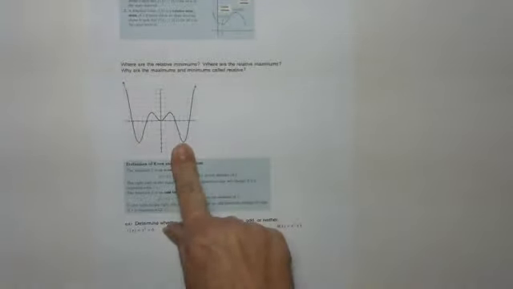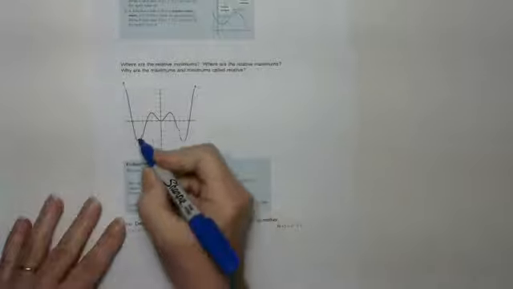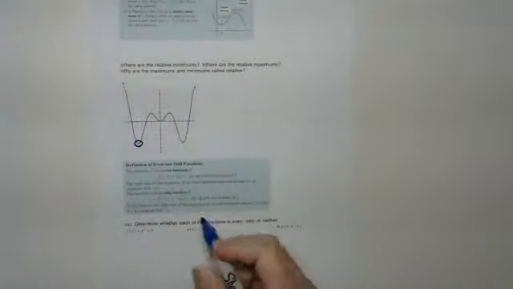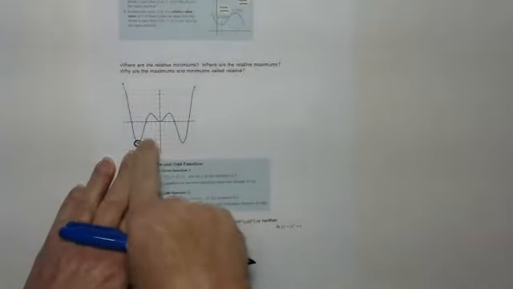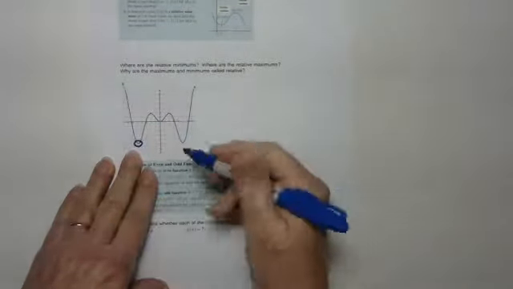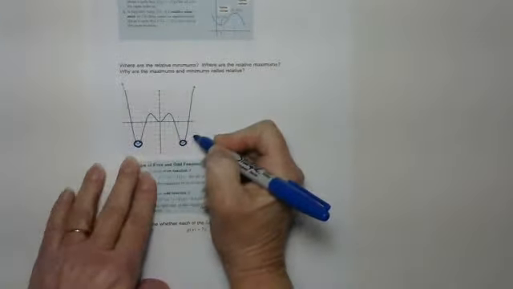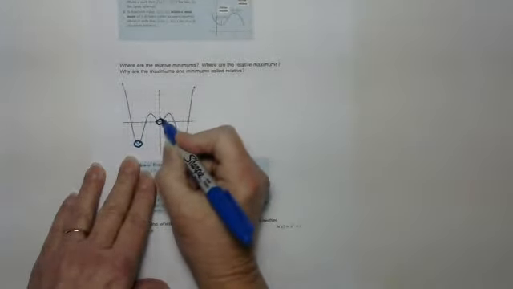What are the relative maximums and what are the relative minimums? Taking a look at relative minimums, we can see that here we have a point that is the smallest y value in this area. We also have another relative min over here, and another relative min over here.